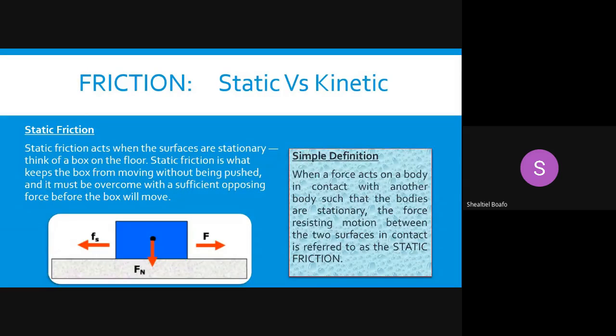There cannot be resistance when there's no force. So we will simply say, when a force acts on a body in contact with another body, and the two bodies are stationary, then we can talk about the force resisting that motion as the static friction.